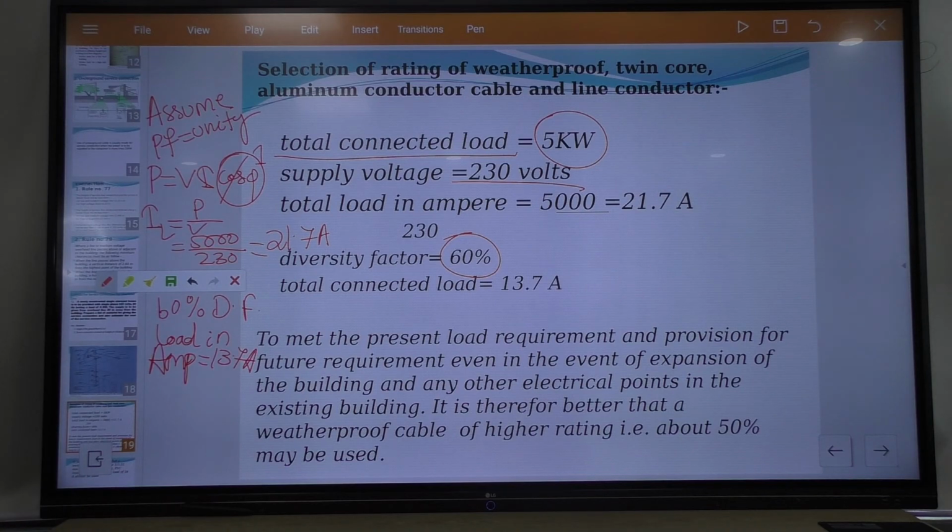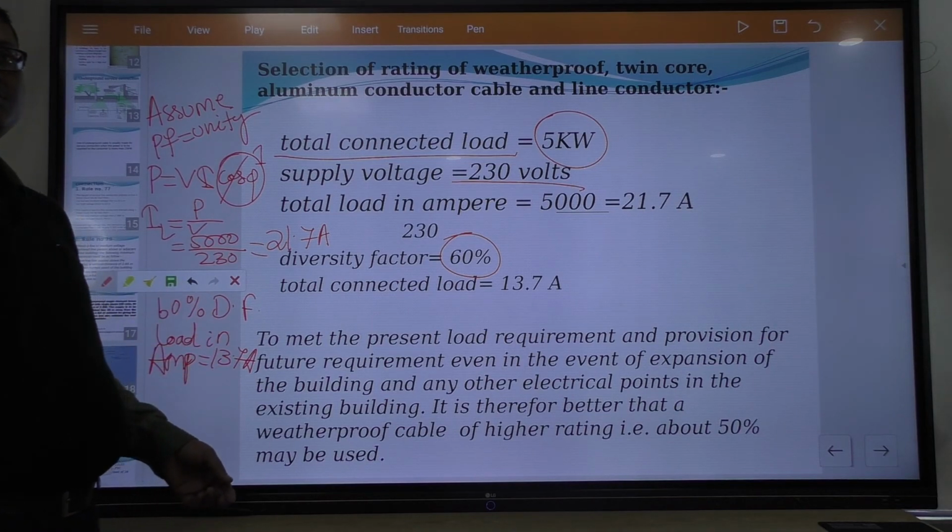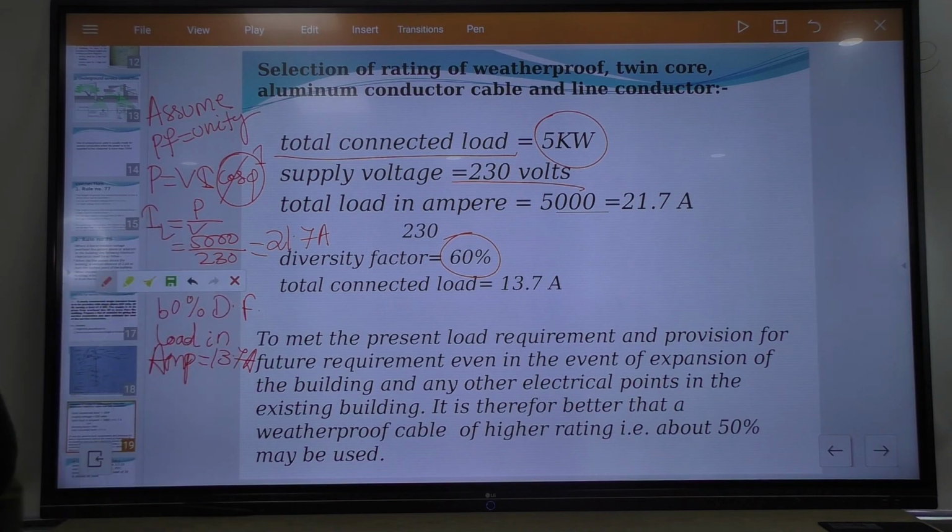To meet the load requirement, and provide for future requirement, expansion of the building and any electrical points, a weatherproof cable of higher rating, about 50% more, may be used. For future extension, if later it becomes double storey, we take 50% extra provision.